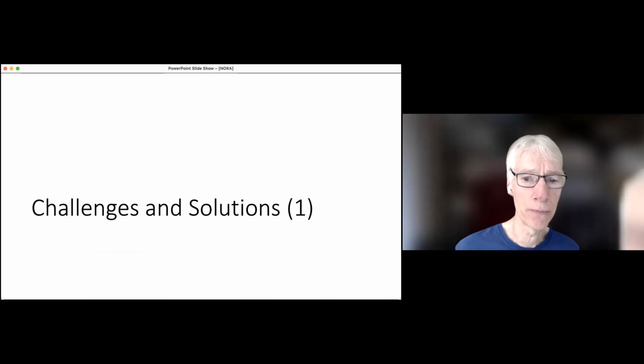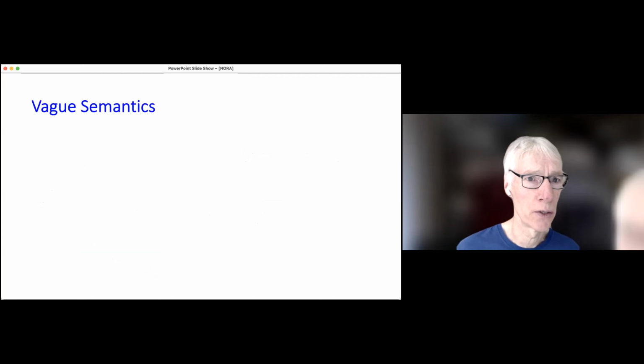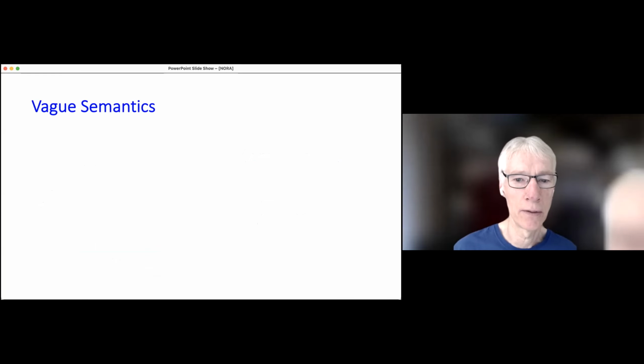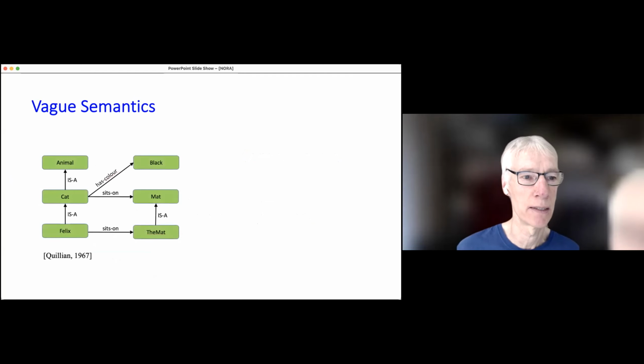Okay, so far things look quite good for this graphical form of knowledge representation, but of course there are always challenges. One of the challenges that was observed very early on with semantic networks is that the name was kind of ironic, because they were very vague with respect to their semantics.